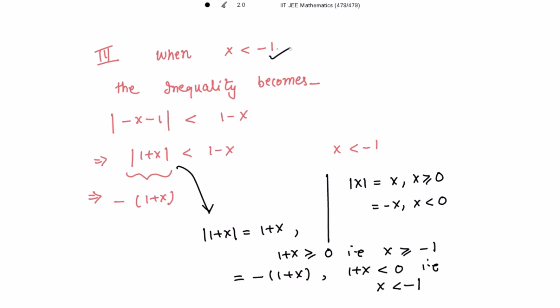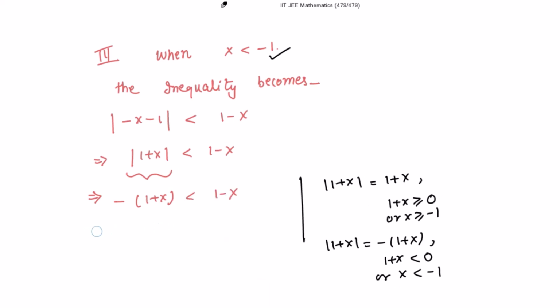This is the case we have taken. So we have to use mod of 1 plus x to be equal to negative of 1 plus x. Is it clear now?